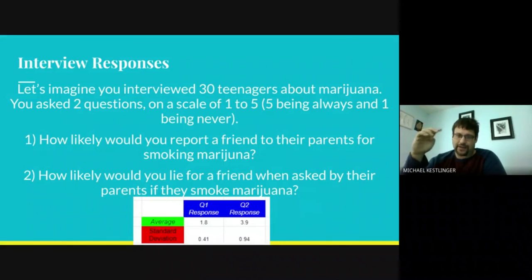So that means some people said 5 and some people said 1, and we're all over the board. So as a researcher, you can say people were pretty consistent with this response for question 1. But for question 2, we had a vast range of opinions.